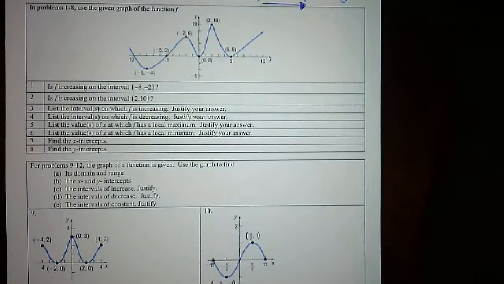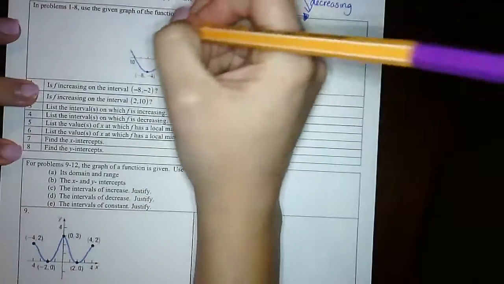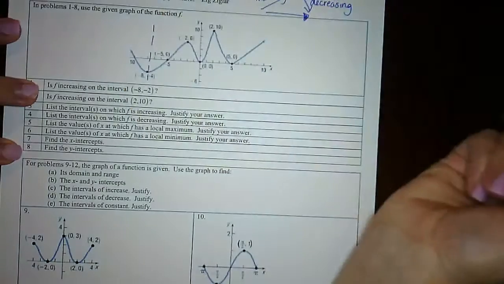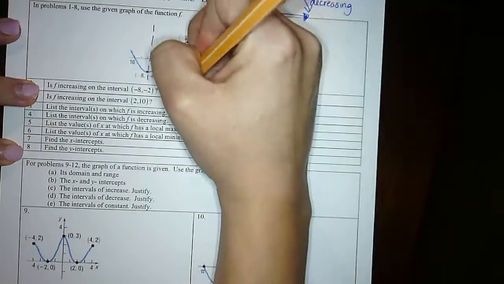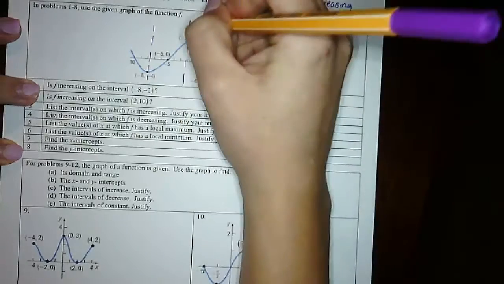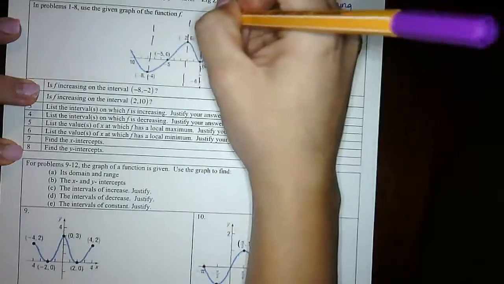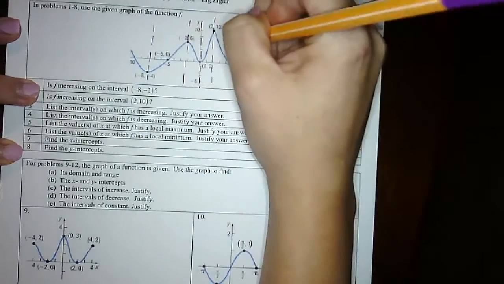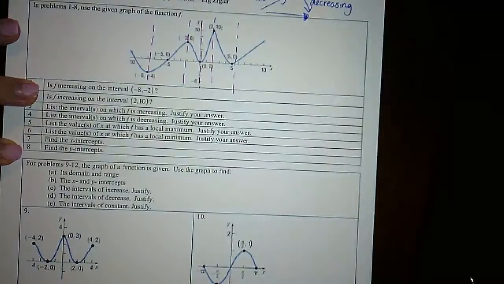Again, this helps if you draw vertical lines all the way through for every turning point, so anywhere it changes direction. It goes from decreasing to increasing here, increasing to decreasing, changes here, here, and here.